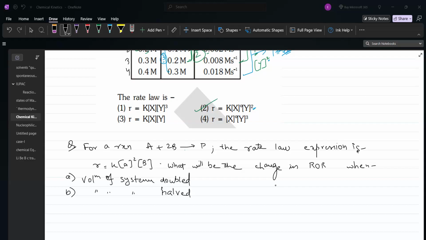So what should be the order of reaction with that reactant? Any guess, Zaina? It is -1. We are doubling here and we are getting half. So there should be the power of -1 there. That is why it is coming as the reciprocal.